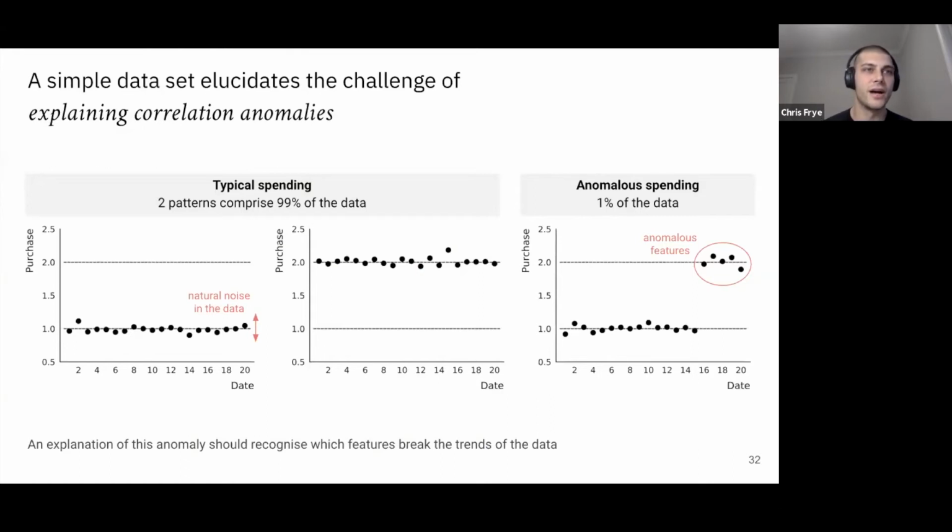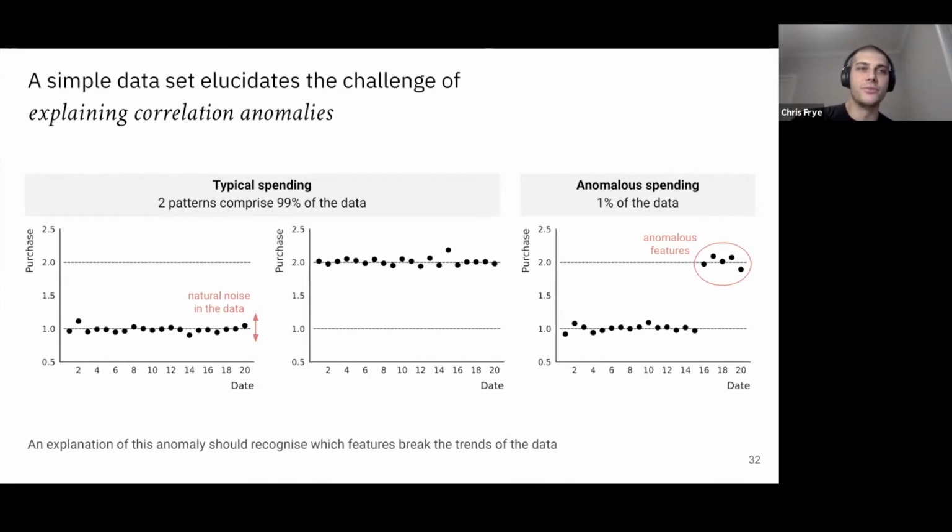In the left-hand plot, there's some natural noise in the data, but all the purchases hover around a value of 1. So let's call this left-hand individual a type 1 spender. In the middle plot, there's a little noise as well, but all the purchases hover around the value of 2. So let's call this person a type 2 spender.